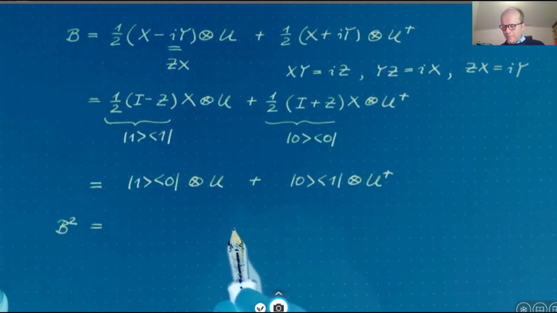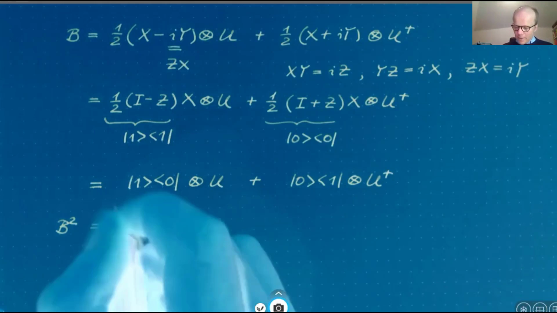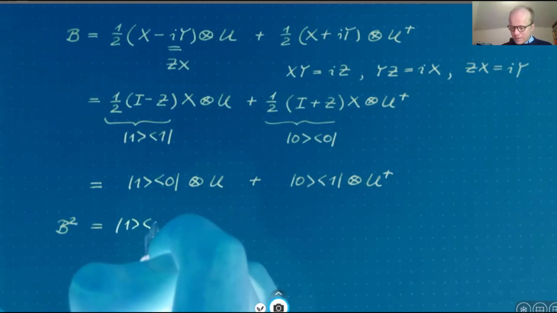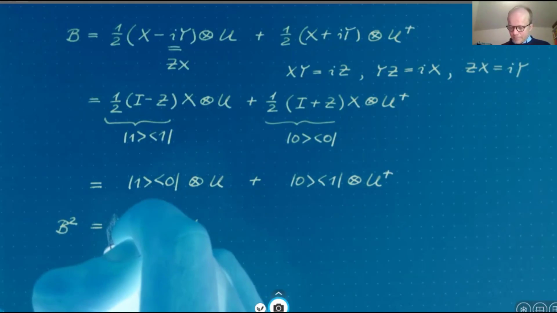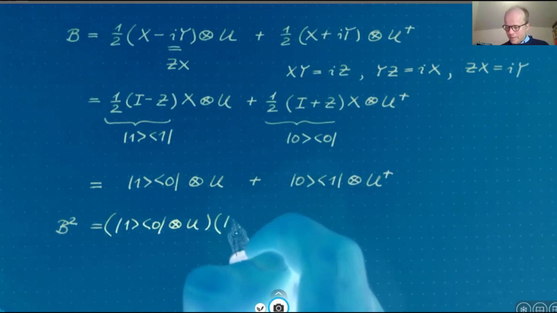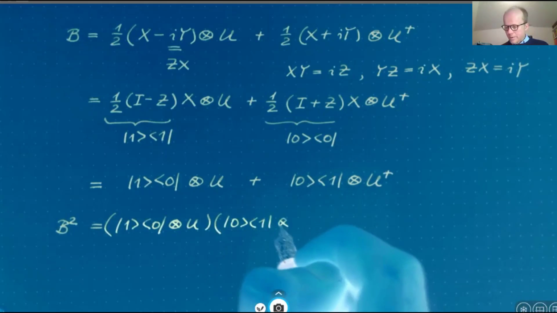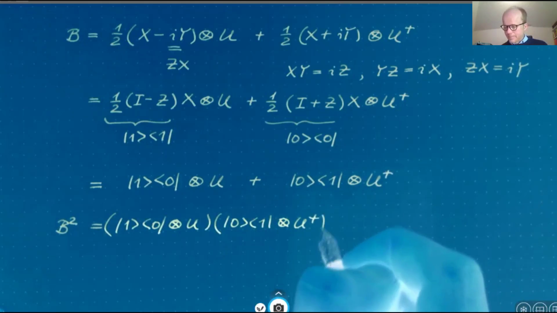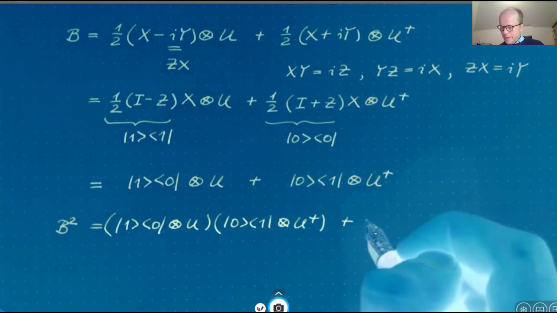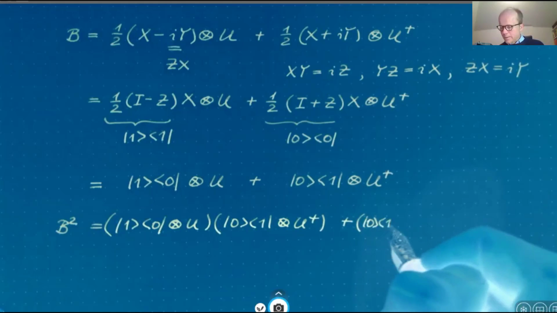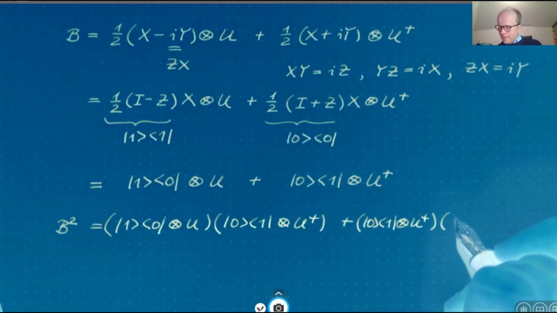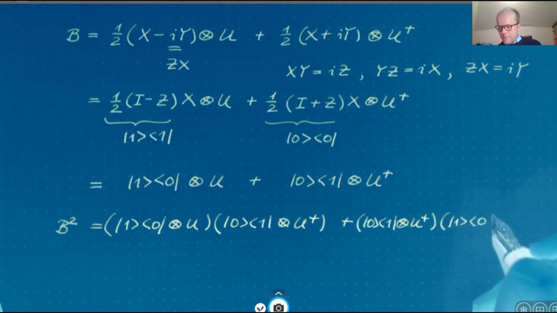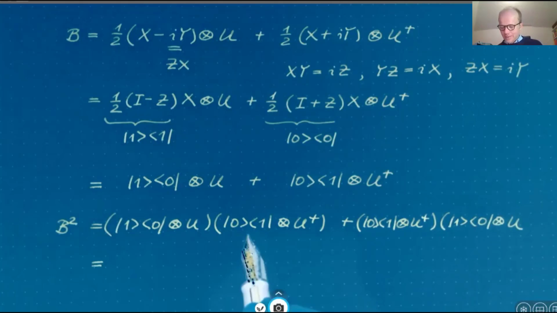and there we have two possible orderings. We have either 1, 0 tensor U multiplied by 0, 1 tensor U dagger, or we will have the other ordering, that is 0, 1 tensor U dagger multiplied with 1, 0 tensor U. So here we have to do it factor by factor.